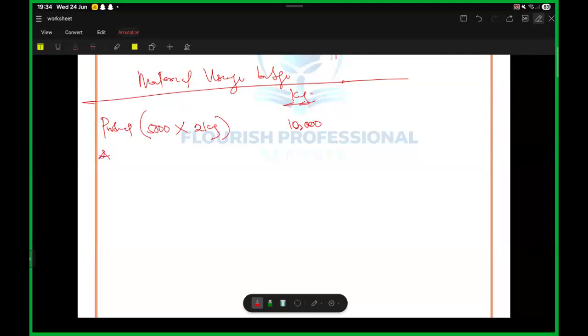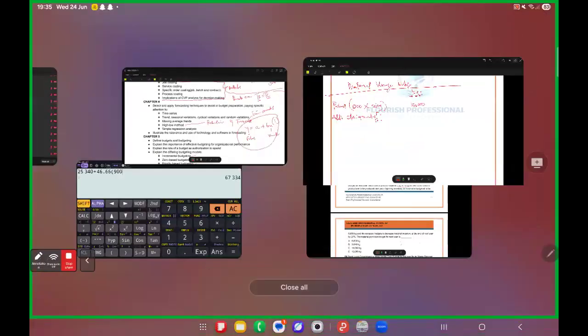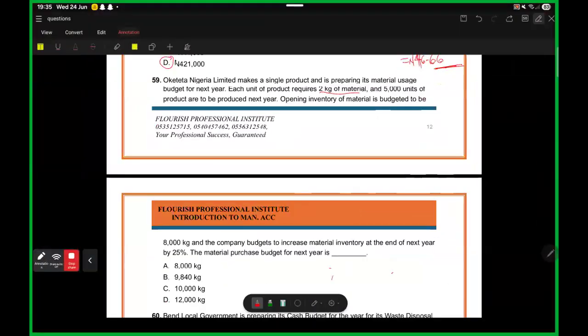Once you have this 10,000 kg, we are going to add our closing inventory to it. Now, the closing inventory is given as an estimate. Opening inventory is budgeted to be 8,000 kg. The company budgets to increase the material inventory at the end of the year by 25%.